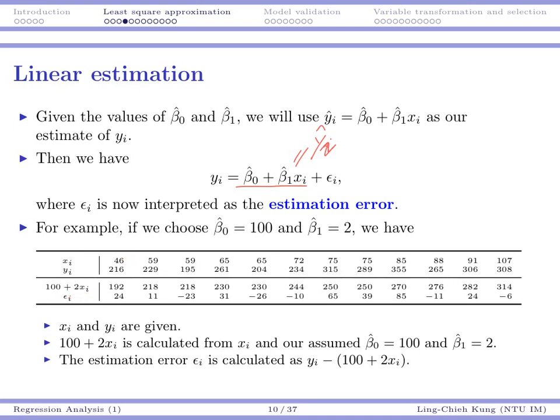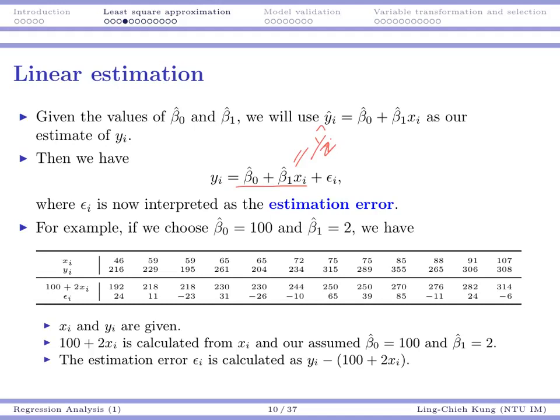Okay, 46 becomes 192, 59 becomes 218, and so on. And once we have that, we can compare our y hat i with yi to calculate the difference. 24, 11, negative 23 if we are overestimating, and so on. We can have all these numbers.